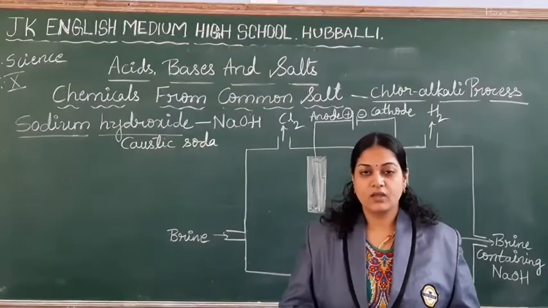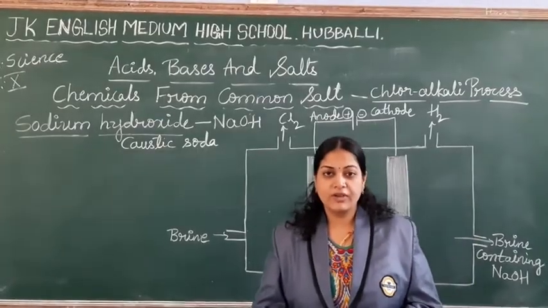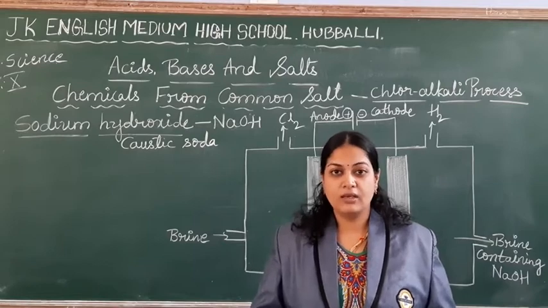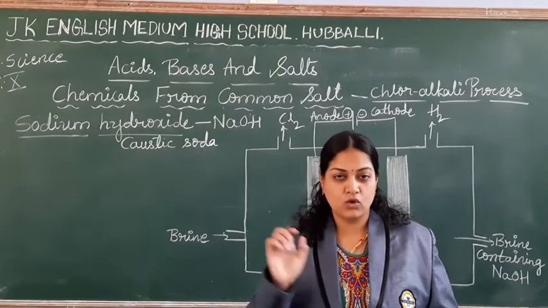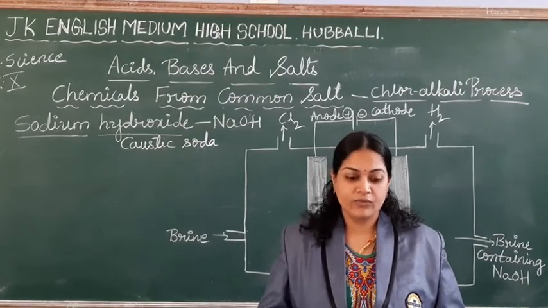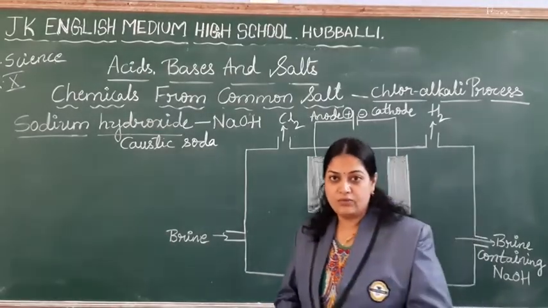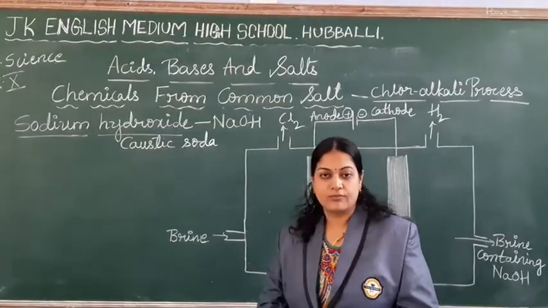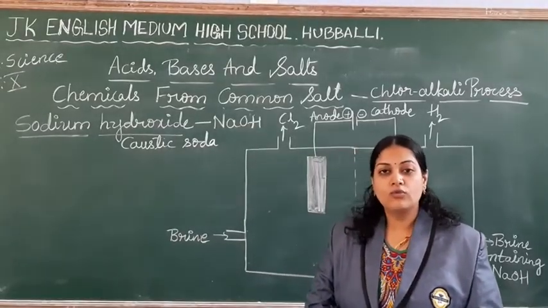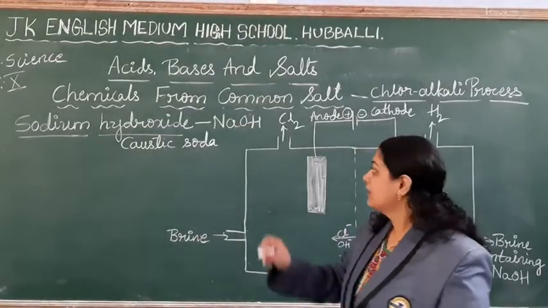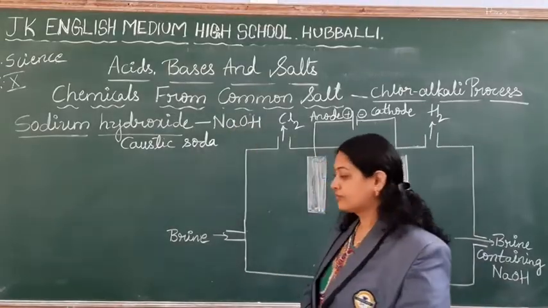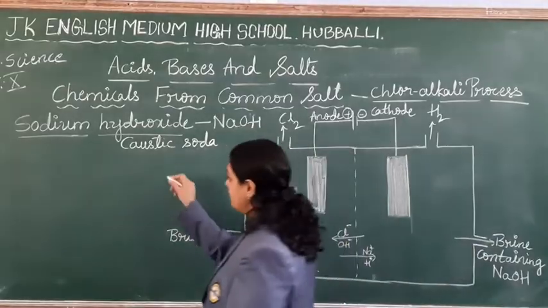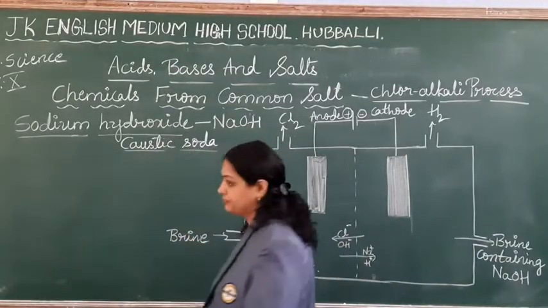Yes, students, as we just discussed, we can prepare many types of chemicals from common salt, that is sodium chloride. Let us discuss the first one, sodium hydroxide. The chemical formula of sodium hydroxide is NaOH. The commercial name of sodium hydroxide is caustic soda.